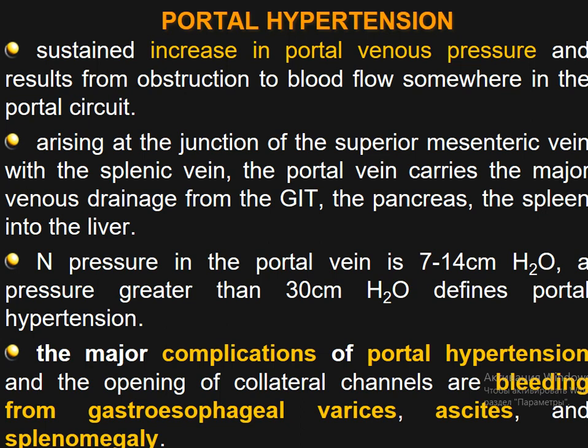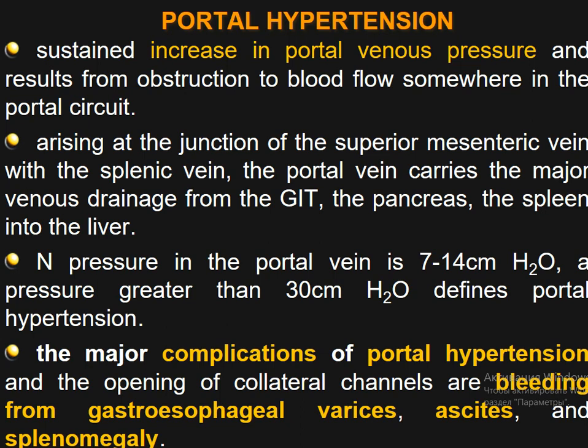A sustained increase in portal venous pressure resulting from obstruction to blood flow somewhere in the portal circuit represents portal hypertension. Arising at the junction of the superior mesenteric vein with the splenic vein, the portal vein carries the major venous drainage from the GIT, the pancreas, and the spleen into the liver.